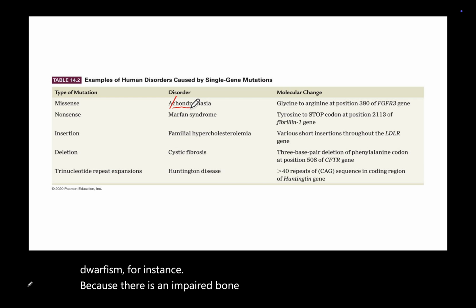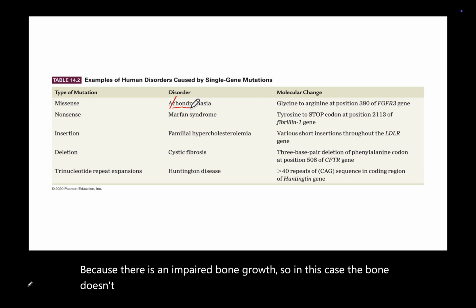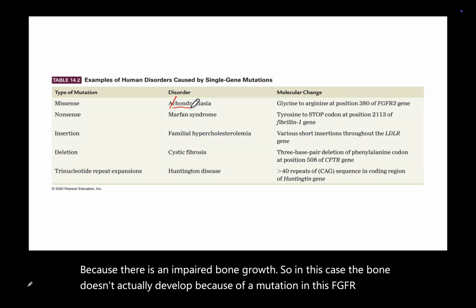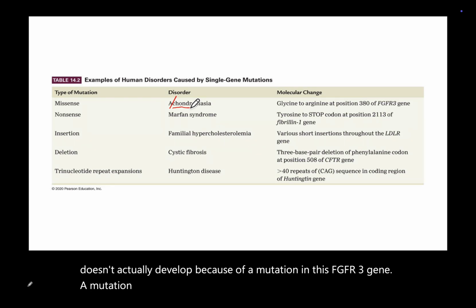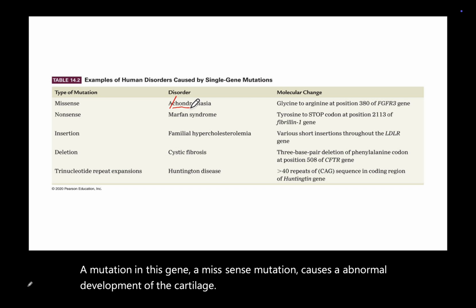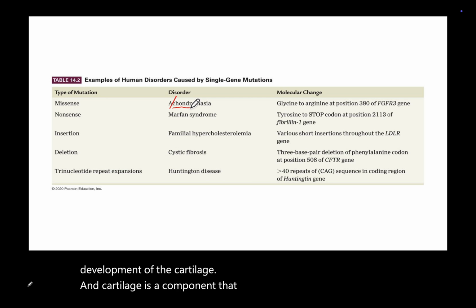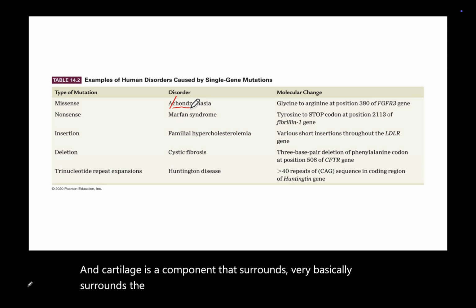So in this case, the bone doesn't actually develop because of a mutation in this FGFR3 gene. A mutation in this gene, a missense mutation, causes an abnormal development of the cartilage. And cartilage is a component that, very basically, surrounds the bones. Okay?